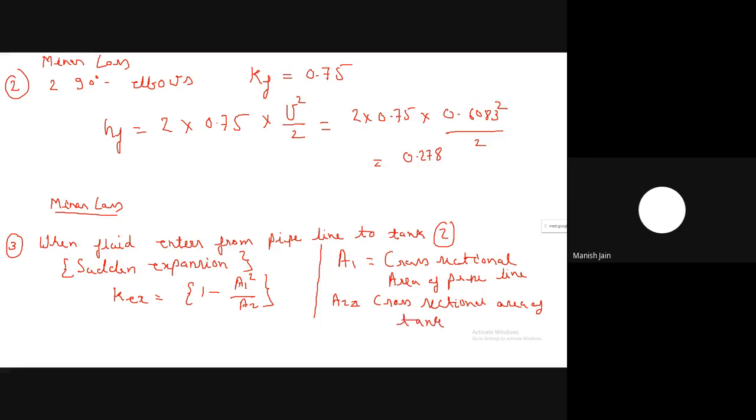So A1 is far less than A2, so you can say this quantity will be near to 0. So Kex equal to 1.